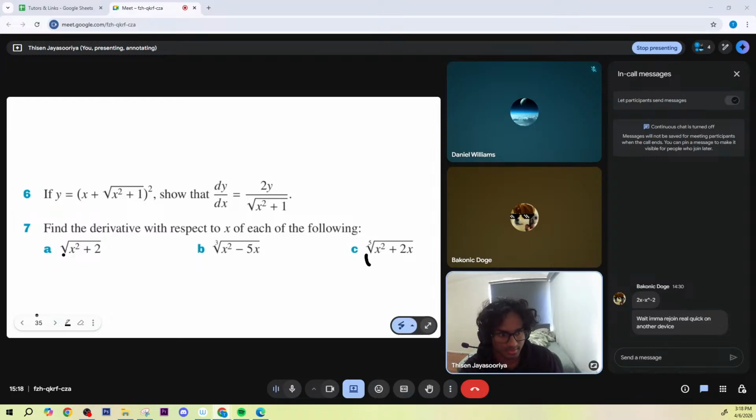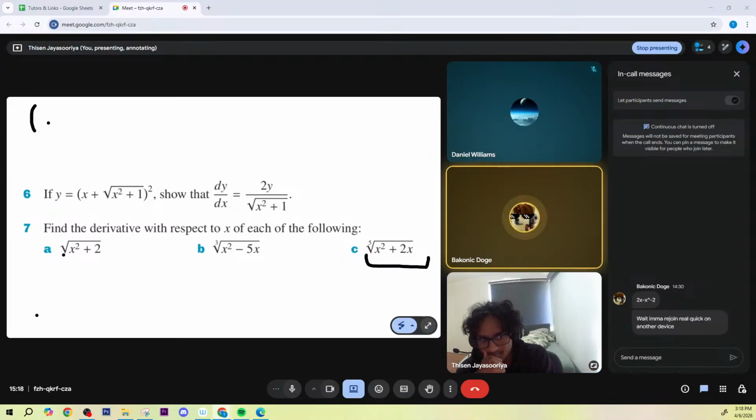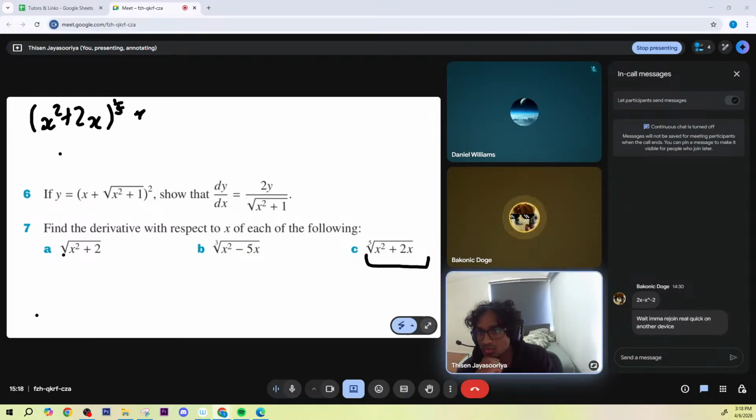We'll try and do part C here. How can I rewrite part C into something I can actually differentiate? (x squared plus 2x) to the power of 1 over 5. Yeah, and use the quick chain rule here to differentiate it.